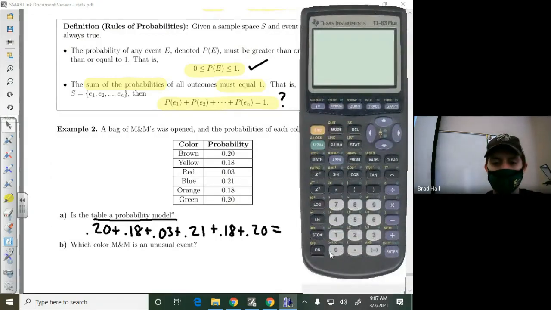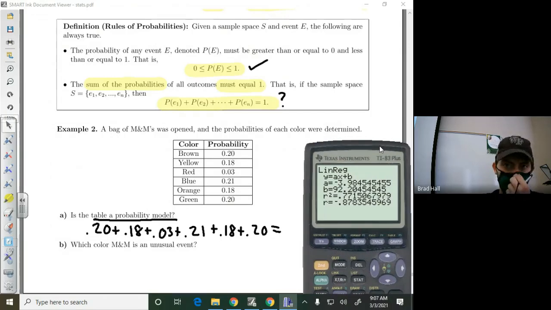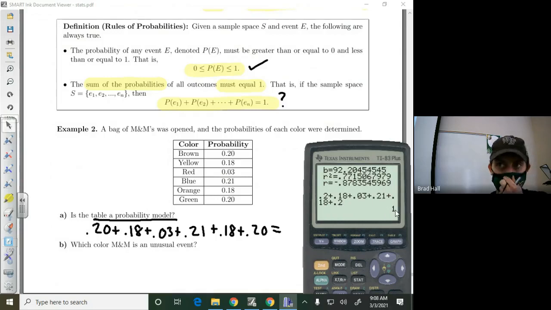If this comes out to be 1, this is in fact a probability model. So 0.2 plus 0.18 plus 0.03 plus 0.21, 0.18, 0.2. And we get 1.